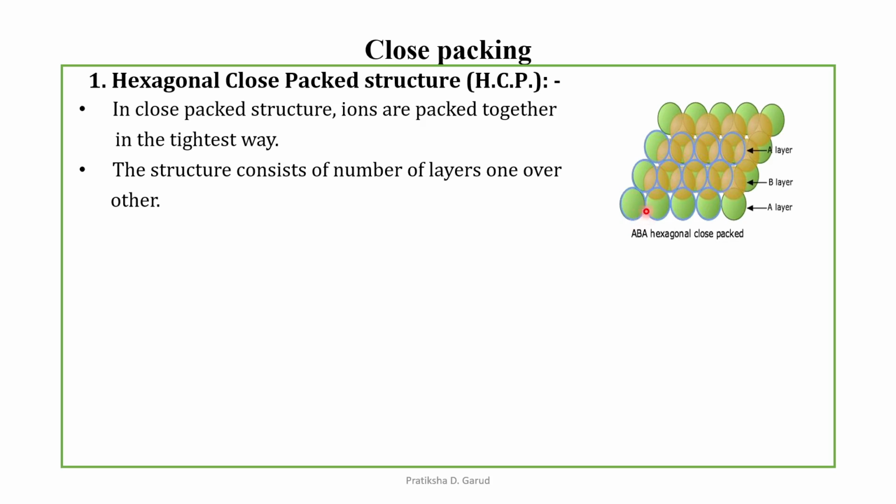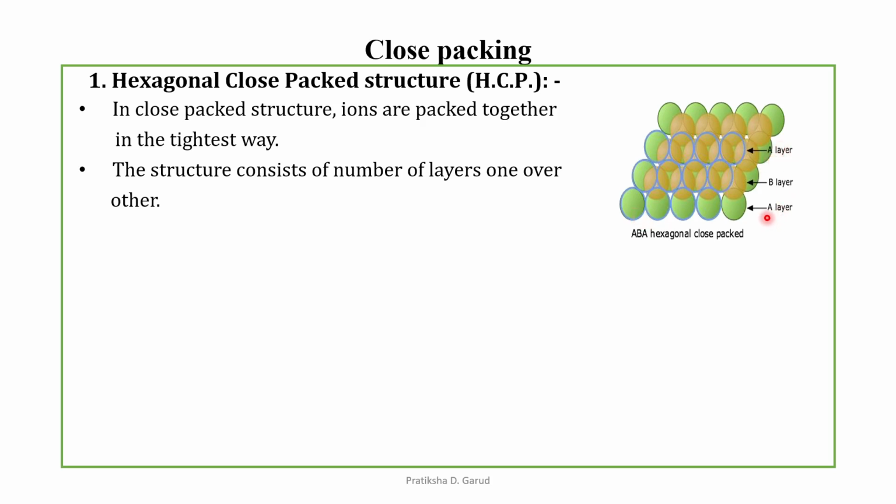Are you getting it? So the first layer is the green layer. Then in the gaps of the first layer, we put the second layer, right? And then on the top of the first layer, we put the third layer. In this way, the first layer is named the A layer, the second layer on the gaps is the B layer, and again the third layer on the first layer is again the A layer.